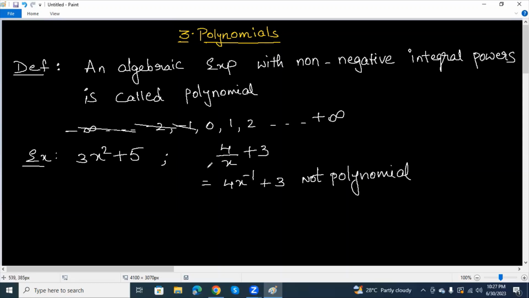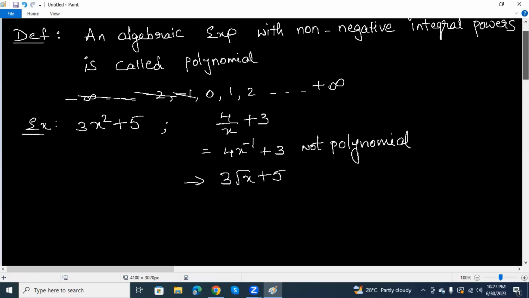Next, another example like 3 root x plus 5. Let's see, is this a polynomial? No. It is 3x power 1 by 2, because root x is nothing but x power 1 by 2.